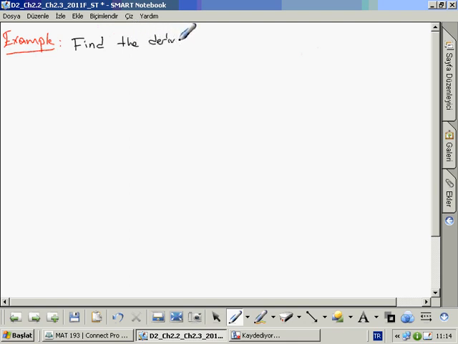Find the derivative of y equals square root of x squared plus 1.